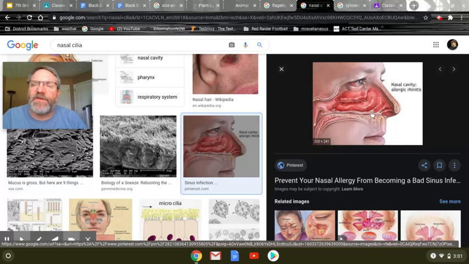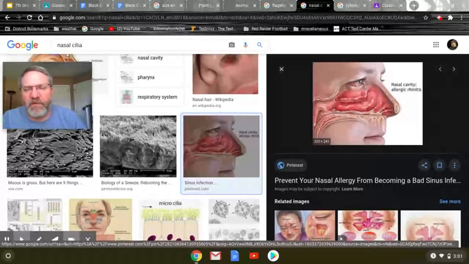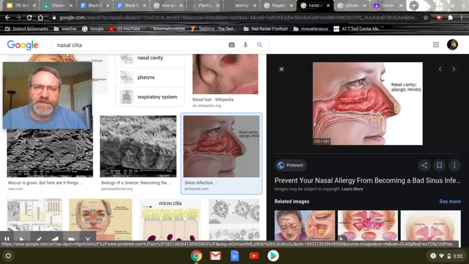Right back here is filled with cilia, and the cilia is trying to move the stuff that you breathe in, dust and pollen, over to where the mucous membranes are, so that it can be destroyed, sent down to the stomach, whatever. So that is what cilia is.